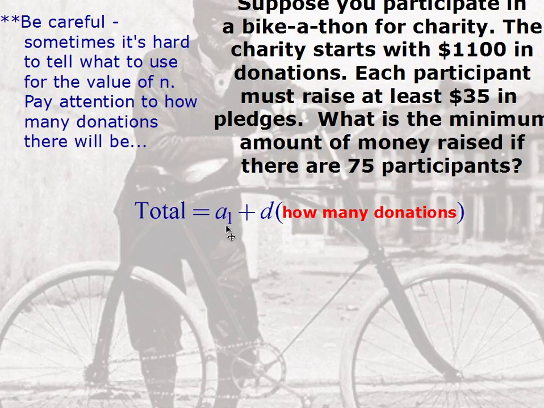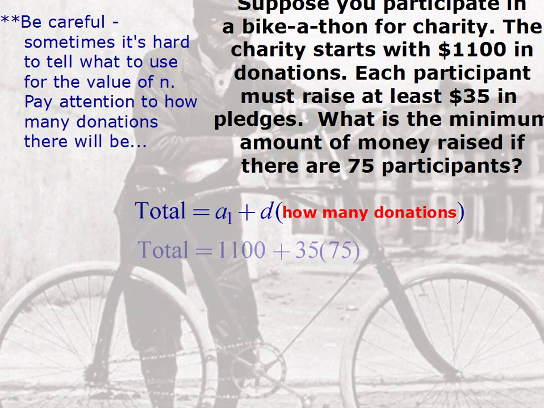A sub 1 is our starting value, our starting amount of donations. D, of course, is our common difference. And n, or how many donations I'm going to have, depends on how many participants there are going to be. So instead of just coming up with a value for n, let's focus more on that aspect.